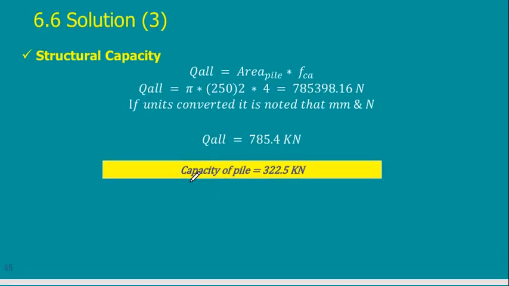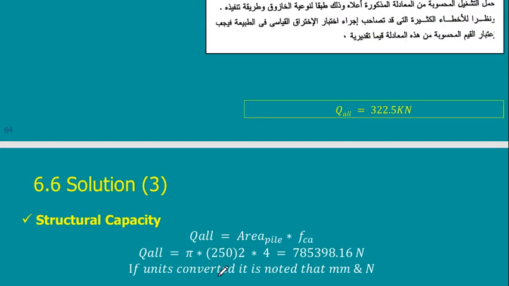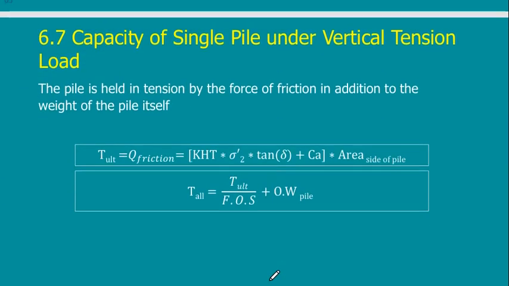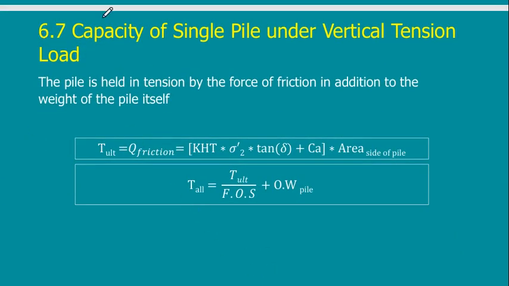And so on. Once I finish, I calculate the structural capacity. Here the structural capacity was very high, and I took the geotechnical capacity to be my pile capacity. What about tensile loading of the pile? The tensile loading of the pile is the value of the friction between the pile and the soil only.